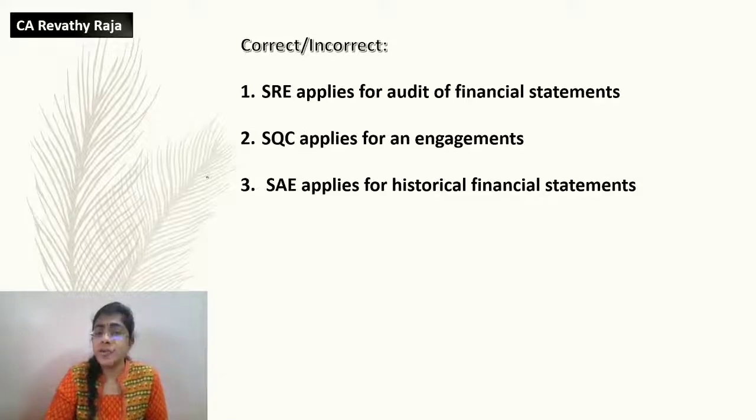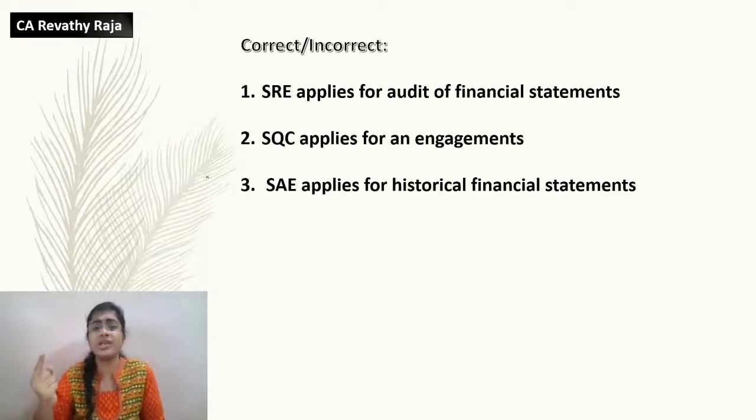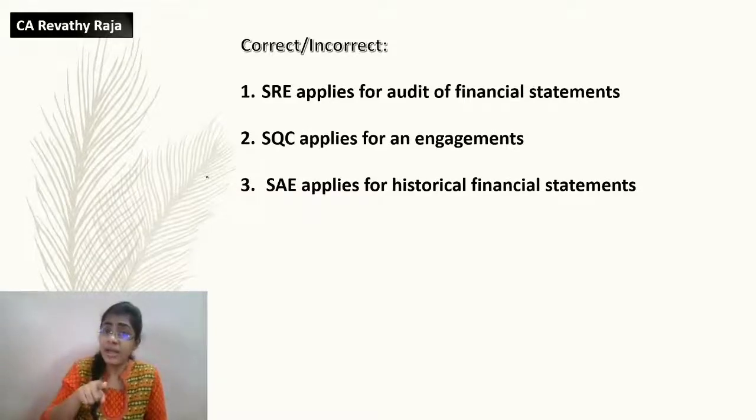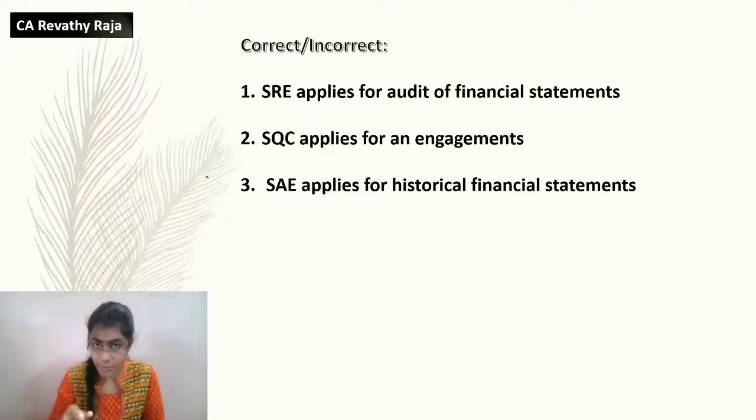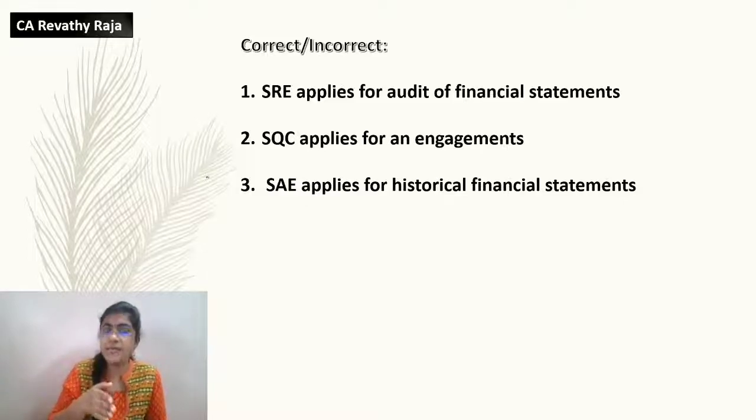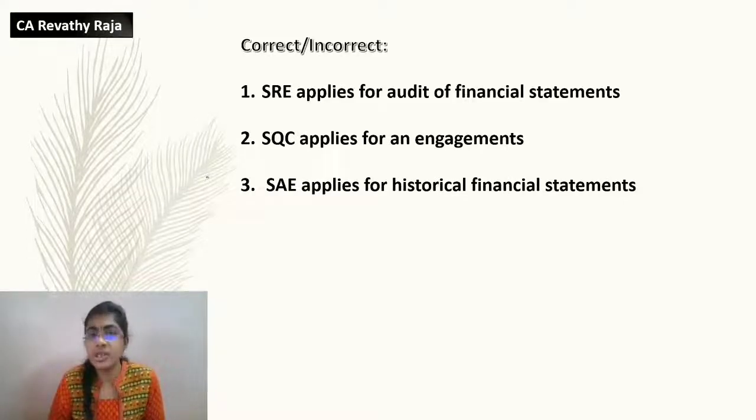SAE applies for historical financial statements. Again the answer is, come on, incorrect. SAE applies for what? Other than historical financials. Like I told you, internal control, prospective financial statements. Whereas SA and SRE apply for what? For historical financial statements.